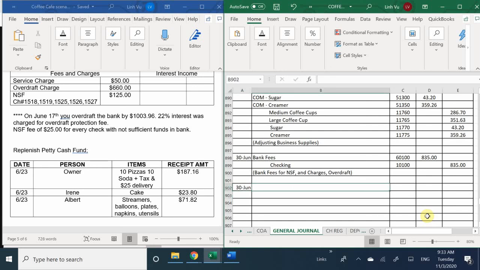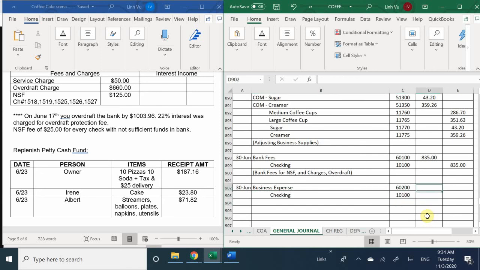So here we're going to debit our business expense $282.78, and we're going to credit checking.